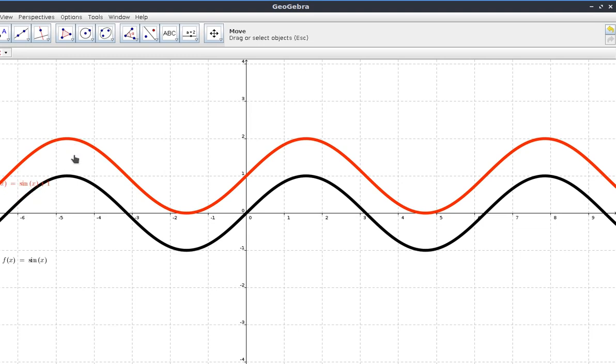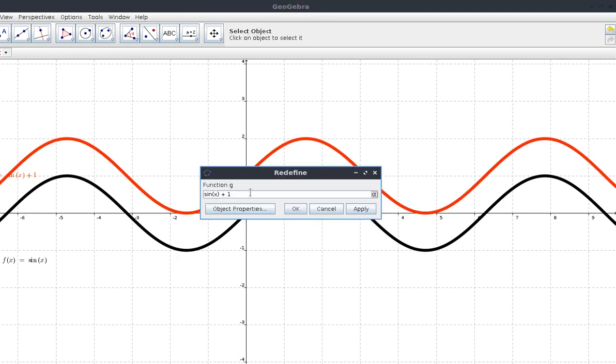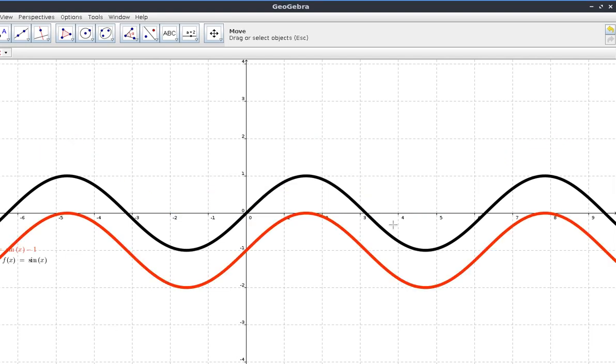So here, the original sine x is this. When we add 1 outside the bracket, it goes up by 1. Suppose we modify it and put minus 1: y equals sine(x) minus 1. It goes down by 1.